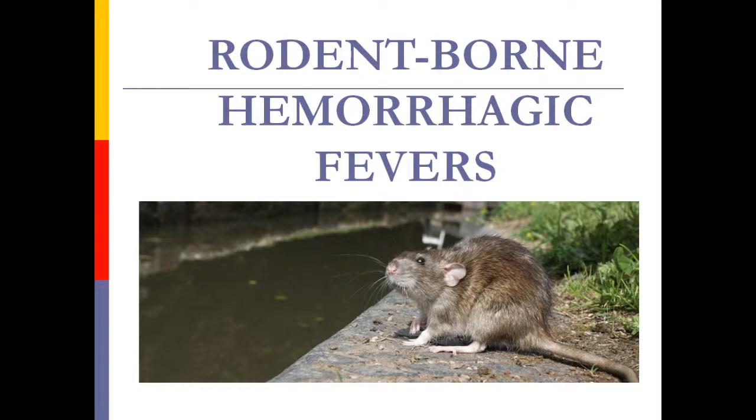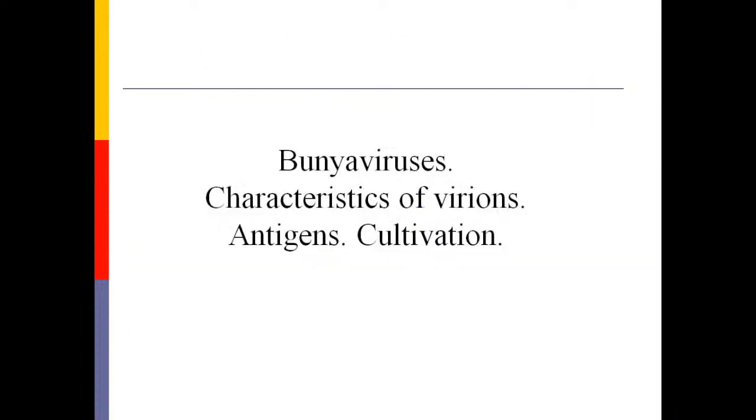Another group of diseases that we also discussed today are rodent-borne hemorrhagic fevers. Rodent-borne hemorrhagic fevers, you may understand, are transmitted only from rodents. The only group of viruses here are Bunya viruses.